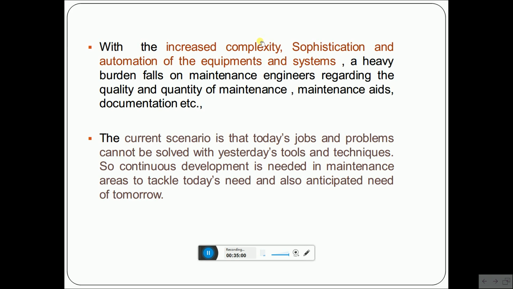We have increased complexity, increased automation in systems. We have very sophisticated control systems in more systems. So of course, this is a significant challenge for engineers today to implement efficient and effective maintenance strategies to better manage the functionality throughout the life cycle.